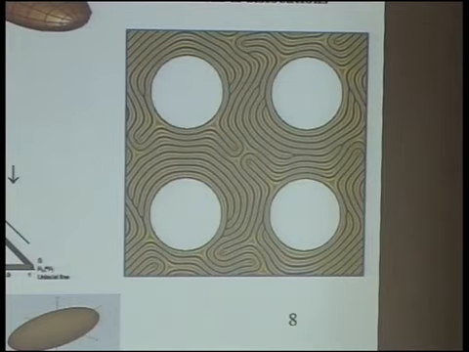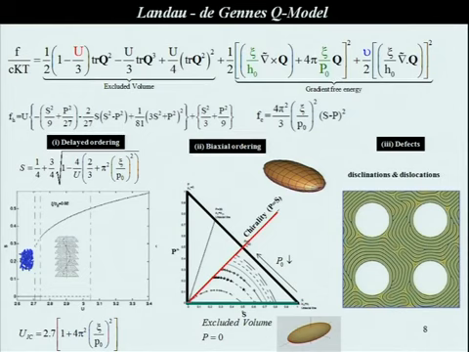So to describe chirality, to describe biaxiality, and also the topological defects that are observed, one can write down the Landau-de Gennes Q-tensor model with chirality. So we have an excluded volume term. We have a chiral term here, which is the curl of Q, plus a term that is proportional to Q. And here this describes splay, bend, and twist deformations.